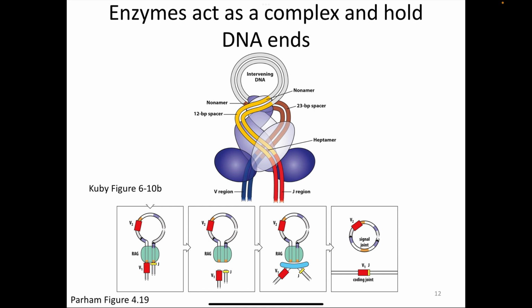The reason that makes sense is that all of the enzymes we've talked about, RAG1, RAG2, Artemis, all bind to each other and act as one big complex. So they all kind of travel in a pack. Why do you think it might be important for all of those enzymes to be bound together and act as a pack?